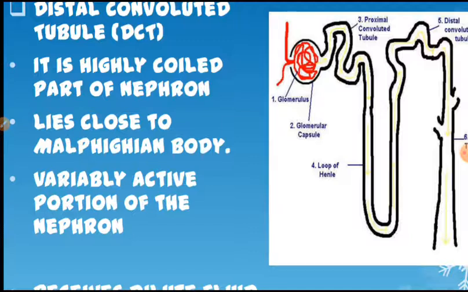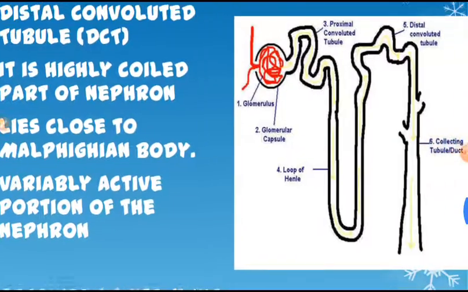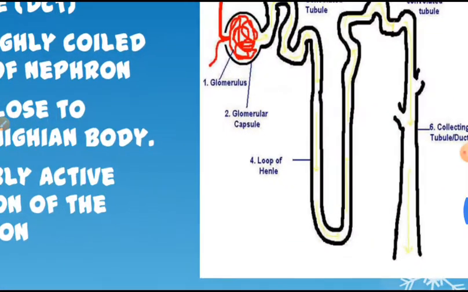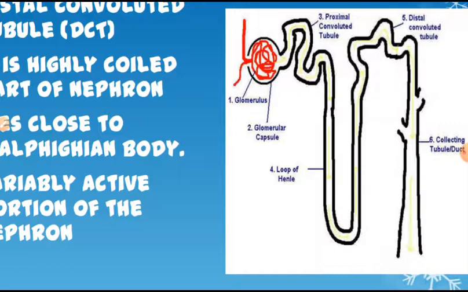This DCT comes in contact with the juxtaglomerular cells, and it connects with the collecting tubule and empties all the waste material into it.